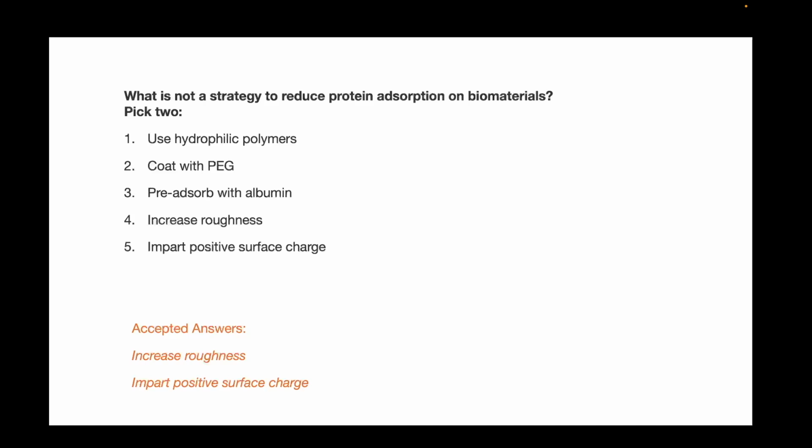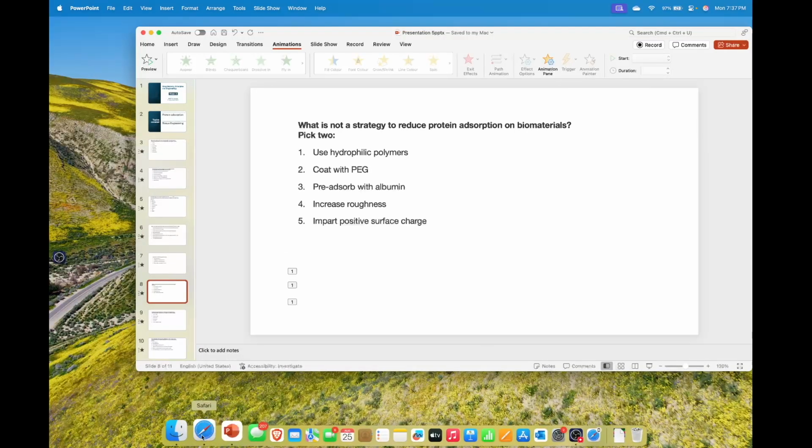Increasing the surface roughness increases protein adsorption, as well as increasing positive charge attracts more protein, because most of the proteins have a slightly negative charge. So increasing roughness and imparting positive surface charge helps in increasing the protein adsorption, whereas using hydrophilic polymers, coating with PEG, or using albumin reduces the protein adsorption on biomaterials. So the correct option will be option 4 and 5.